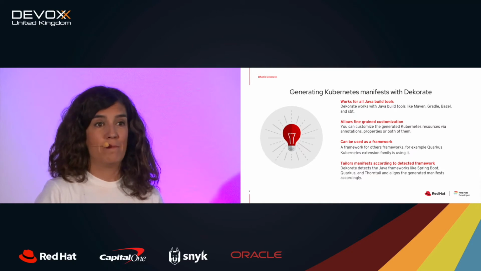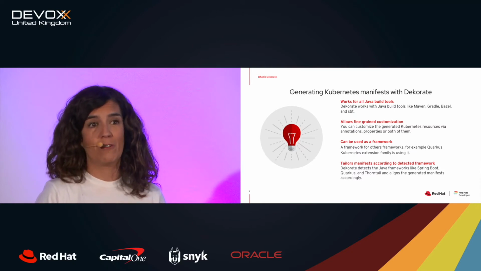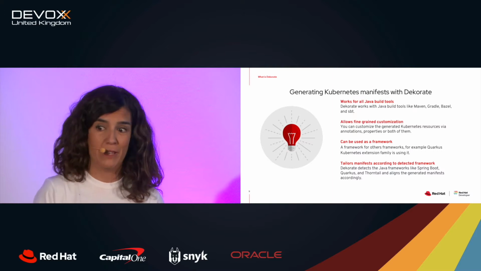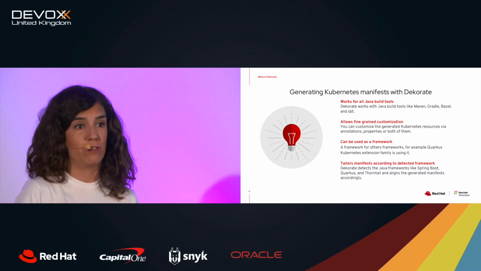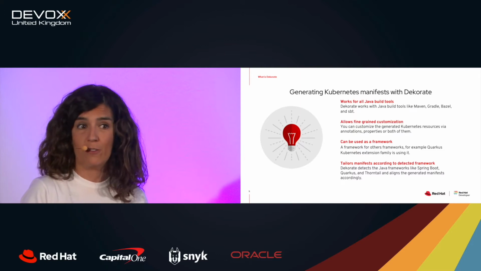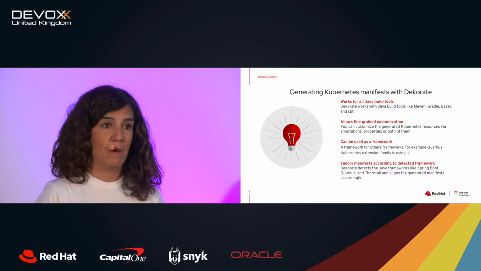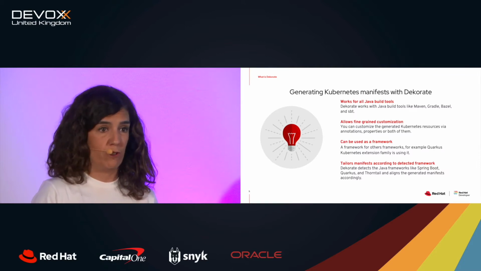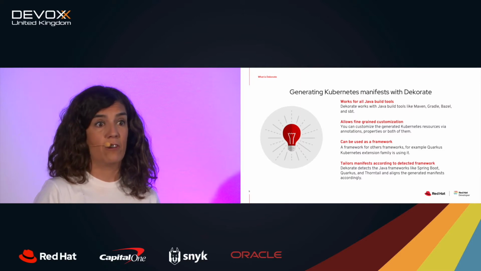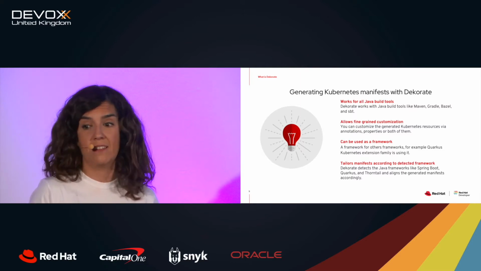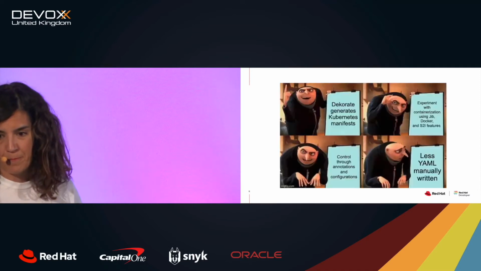And the most important goal for Dekorate is to provide the simplest out-of-the-box experience, so it detects frameworks such as Spring Boot, Micronaut, or Quarkus, and aligns the manifest accordingly. For example, if you're using Spring Boot for your microservices, Dekorate will automatically add the port 8080 to the manifest.